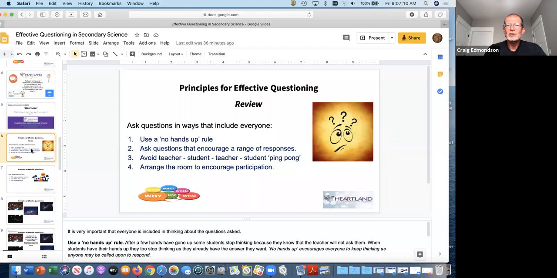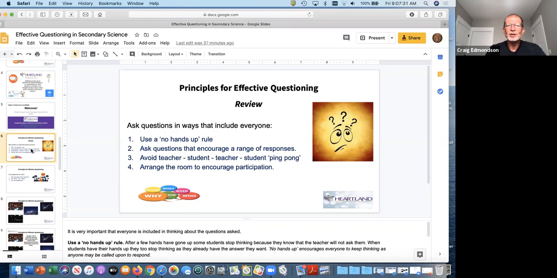Ask questions that encourage a range of responses that will encourage the students to, again, dig deeper and come up with different answers. Already addressed the ping pong effect of student, teacher, student, teacher, and more student participation, more student-centered over teacher-centered.